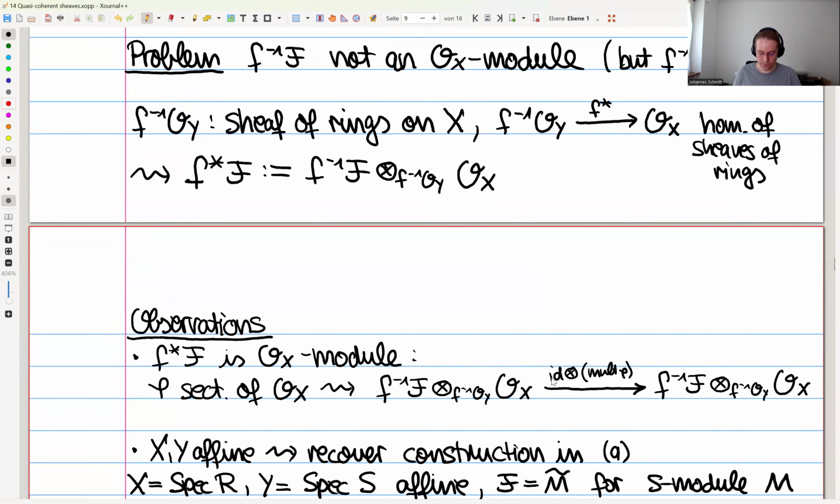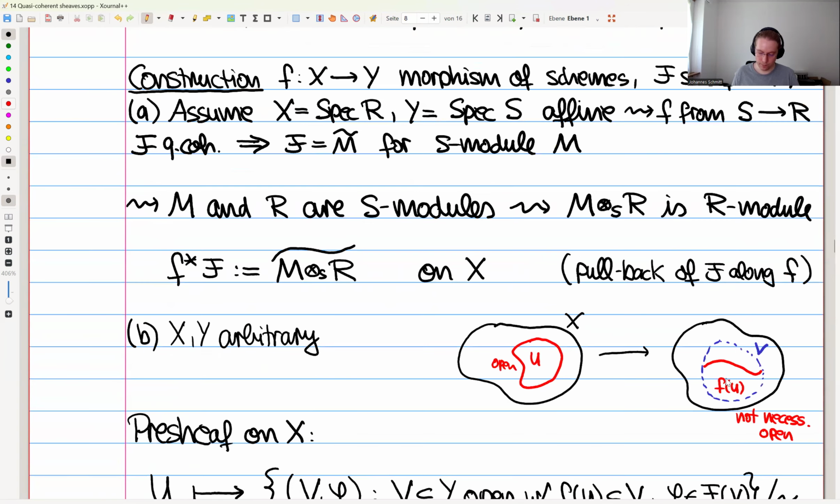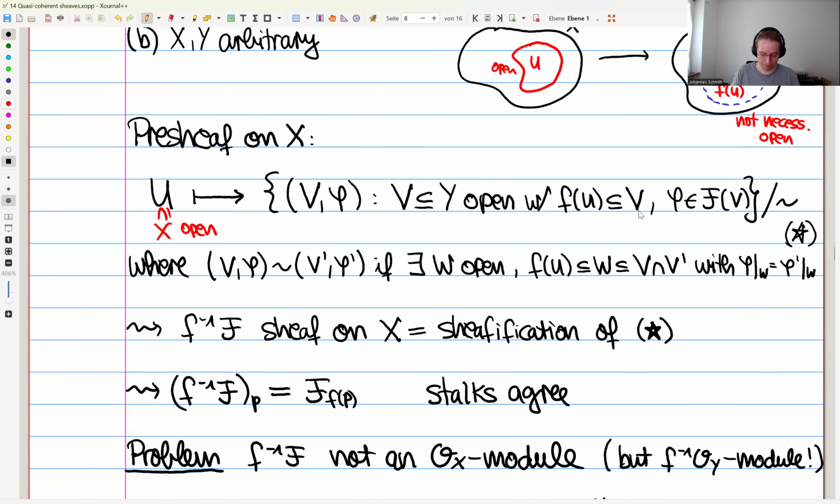Well, you can take the identity tensor the multiplication of phi on OX itself. This gives you a map here, and this is exactly the map that you want for multiplying by phi. So this is very similar to how this here becomes an R module. You just multiply in the second part of the tensor product.